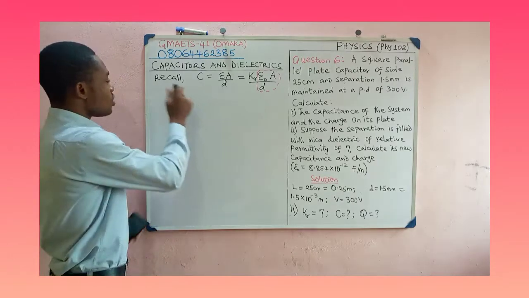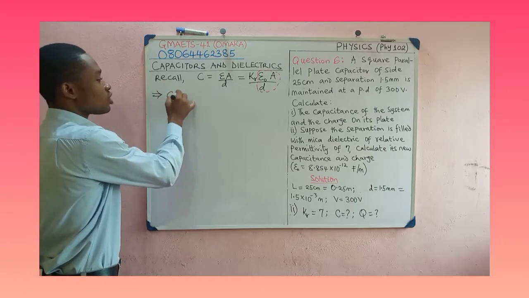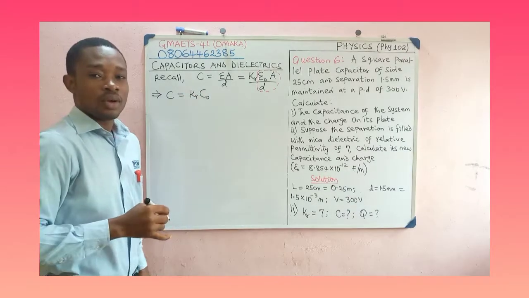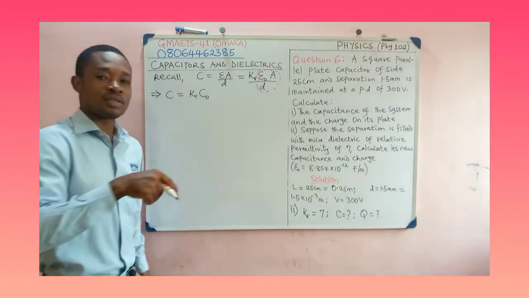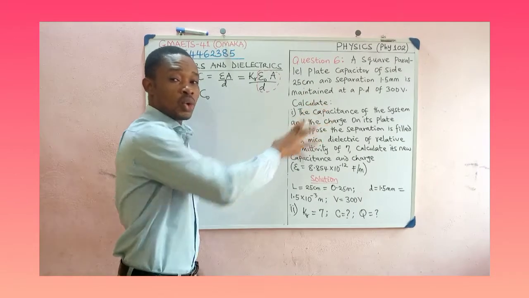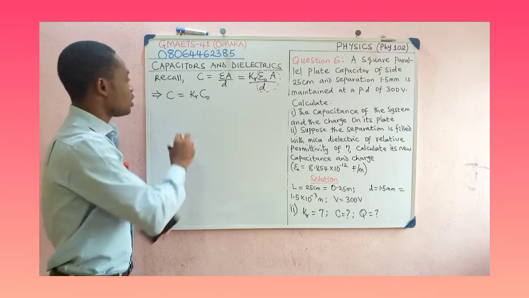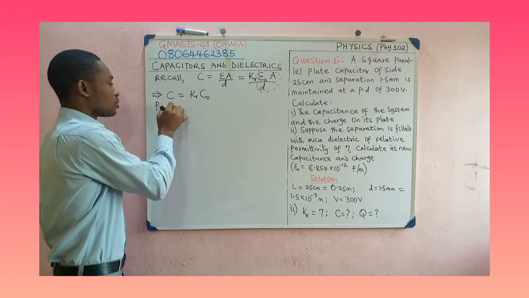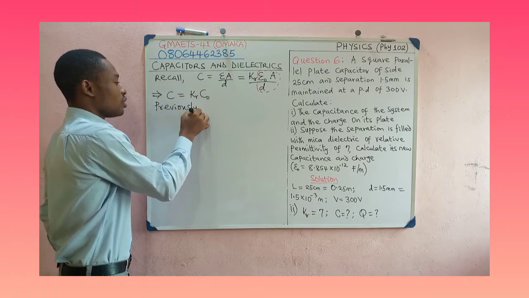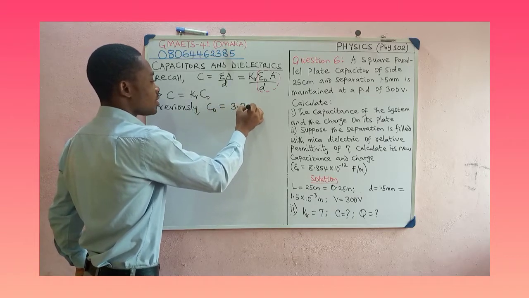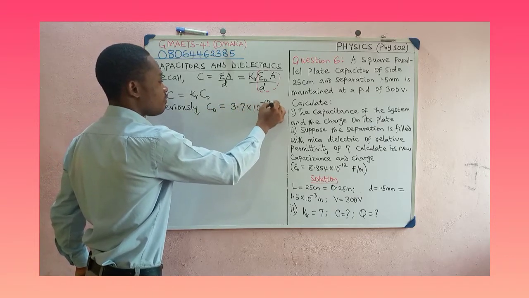So we can rewrite this capacitance to be equal to Kr times C naught, where this C naught represents the capacitance of the capacitor with vacuum as a dielectric. Like I stated previously, we had that C naught is equal to 3.7 times 10 raised to the power minus 10 farad.